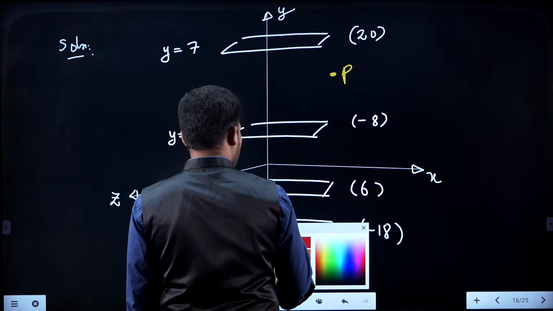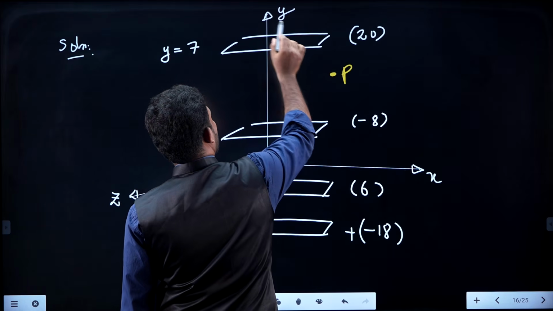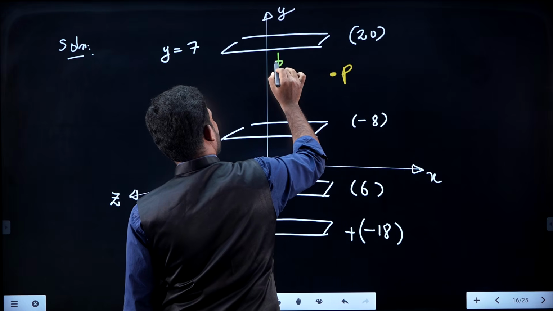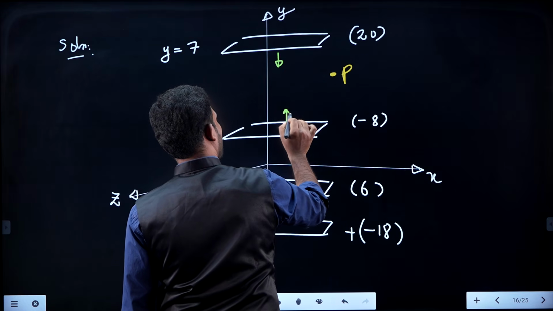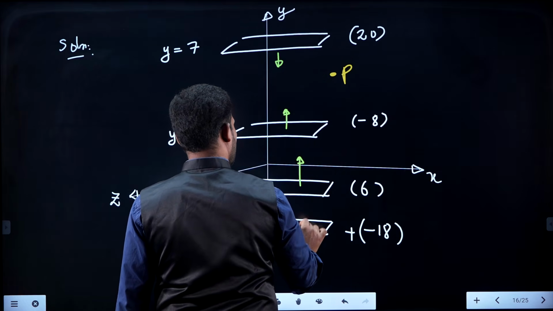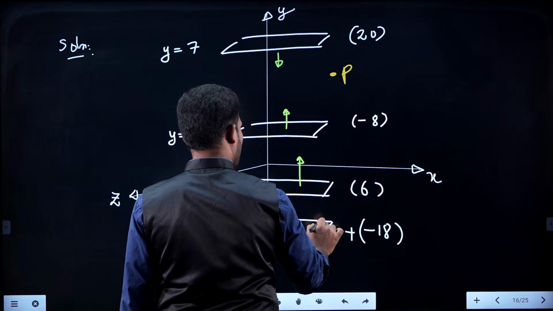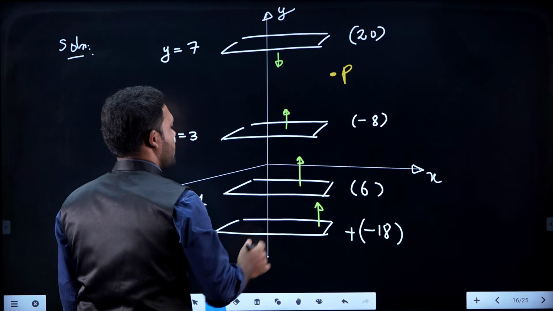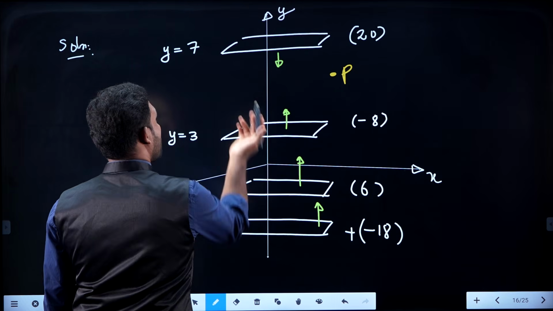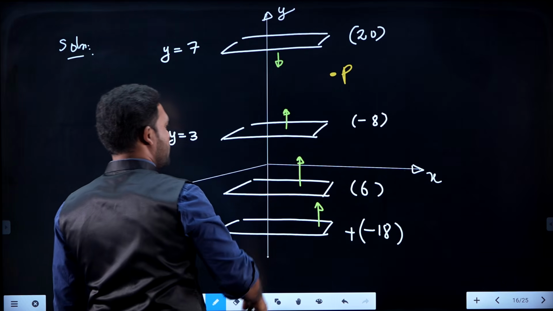So, what is the electric field due to all these sheets? Due to this one, the electric field is downwards. Due to this one, the electric field is upwards. Here upwards, here upwards. So, due to this one, the electric field is positive y. This is negative y. Fine.